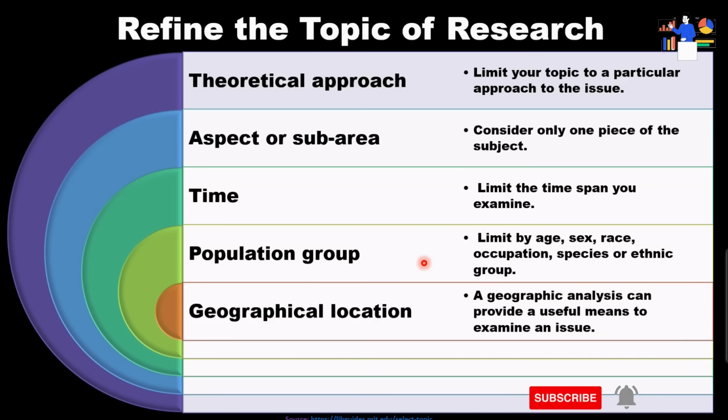If it is a primary data study, then you also need to think about the age, sex, race, occupational or ethnic groups, if you want to consider them in your research, or geographical locations, what countries, what regions, what population, from which location. Is it from Pakistan, from India? Is it a panel data study? Is it a cross sectional study? So you also need to think about these kinds of topics while selecting or refining your research topic.